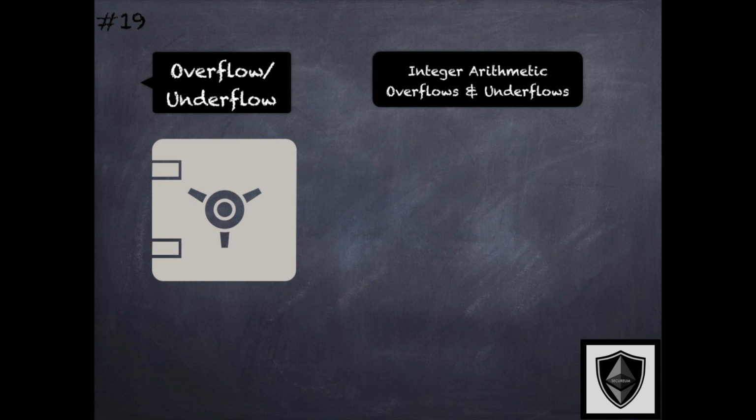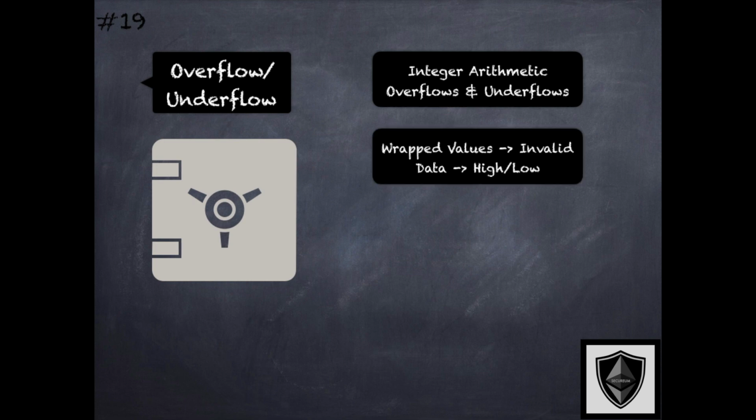And when such arithmetic is used in a way where the increments or decrements to those integer variables are done without checking for the bounds, then they could result in wrapped values where the value exceeds the maximum storage for that integer type, and hence overflows or wraps to the lower end of that type. Or if it's being decremented, it could be decremented below zero, in which case it results in wrapping to the maximum value of that integer type.